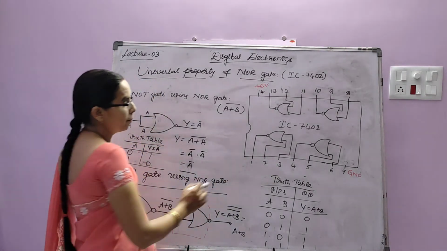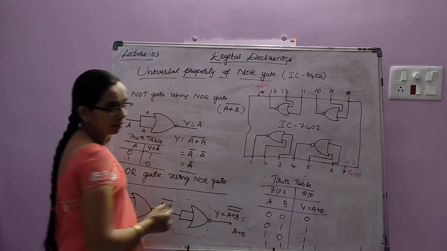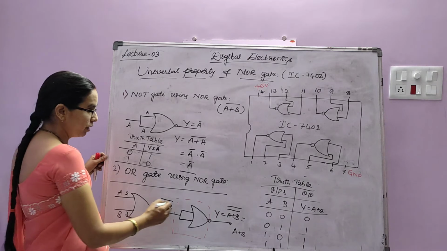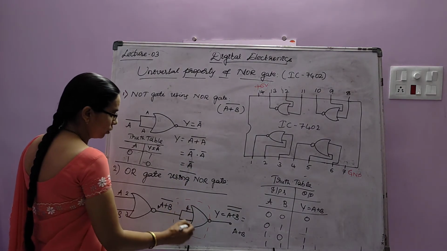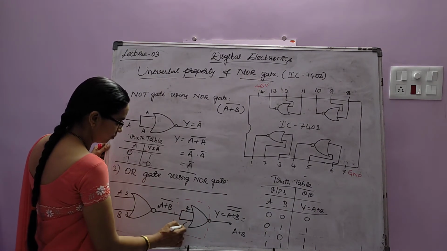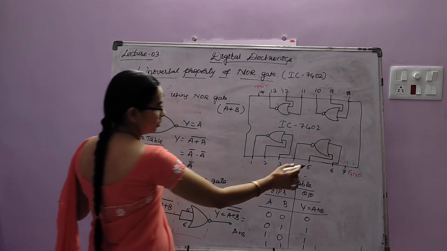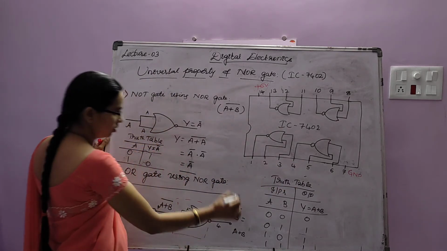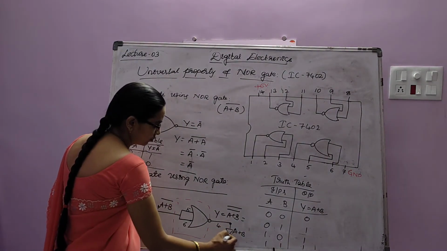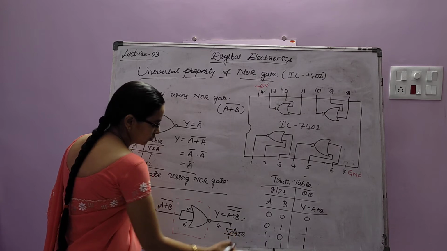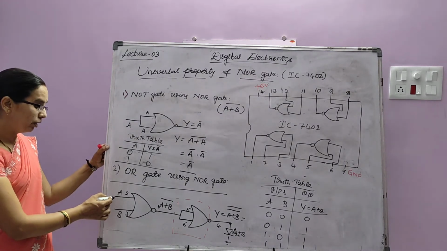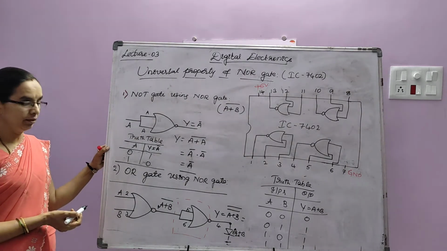We leave them like that only, and 1 is the output. 1 is connected to 5 and 6, shorted. 5 and 6 are the inputs and 4 will be the output connection, where you are going to connect an LED. The LED will glow only when any one of the inputs is high.